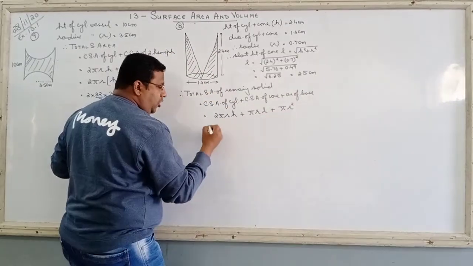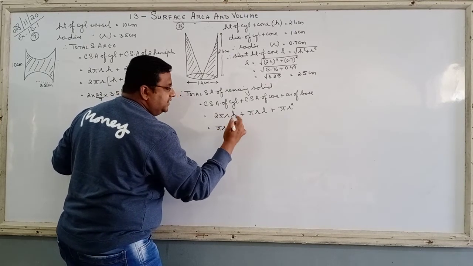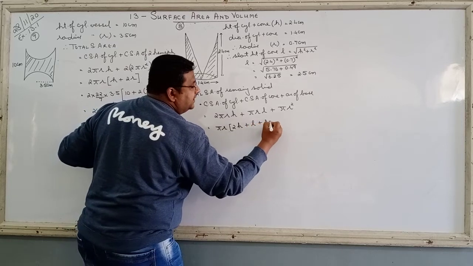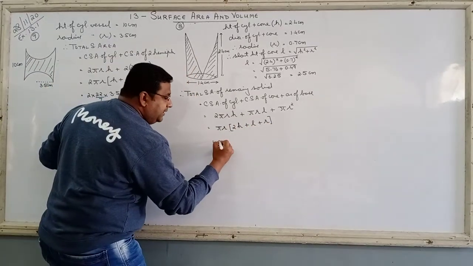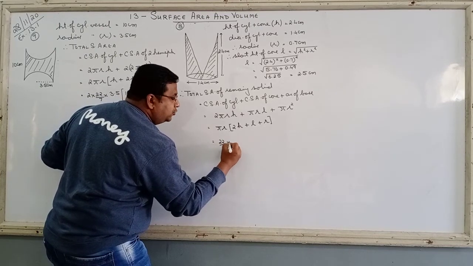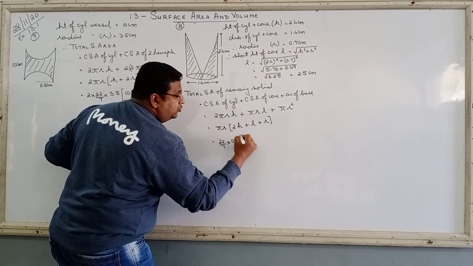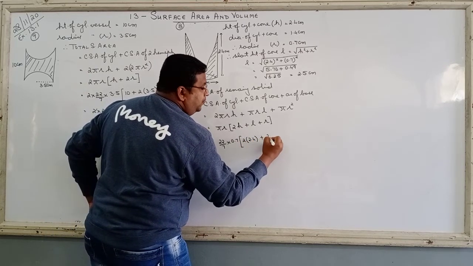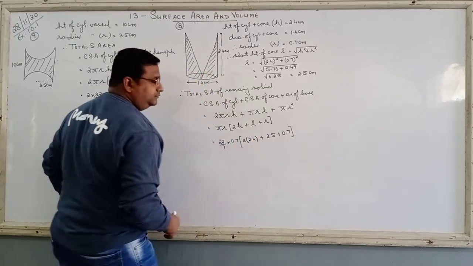Now substitute. Take common. First of all, pi is common, R is common. What is left with us is 2H plus L plus R. Substitute pi as 22 by 7, into R. How much is R? 0.7 into 2 into H, 2.4, plus L, 2.5, plus R, 0.7.